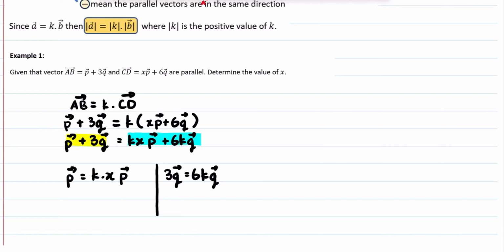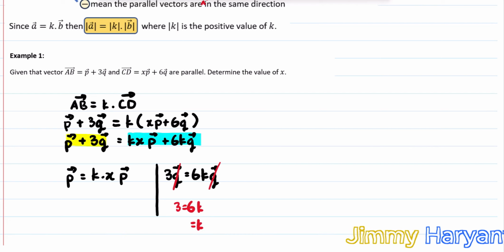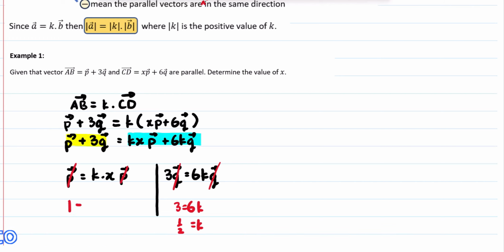So in this question, I can cross out the Q. 3 equals 6K, that means K equals half. And then if I input it into the first equation, I will have 1 equals K, the K is half, times X, that means X equals 2. There you go. This is how you find X and K and how you use the formula of parallel.